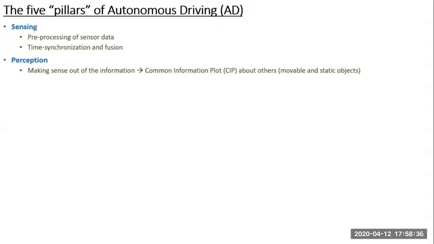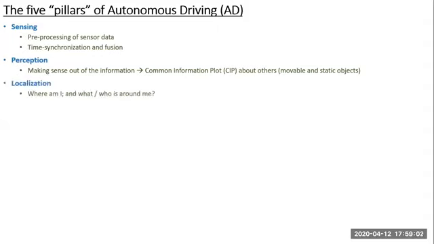A man walking on the side of the road, very low probability of coming in front of your car. An old man, reasonably high probability. But a child has a very, very high probability that it can come in front of your car. Right? So this is all in the domain of perception.